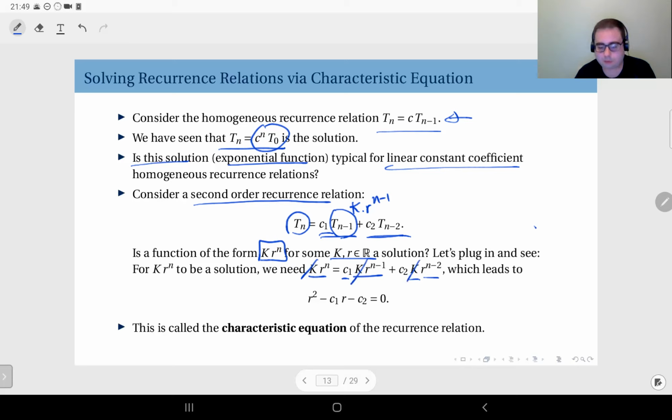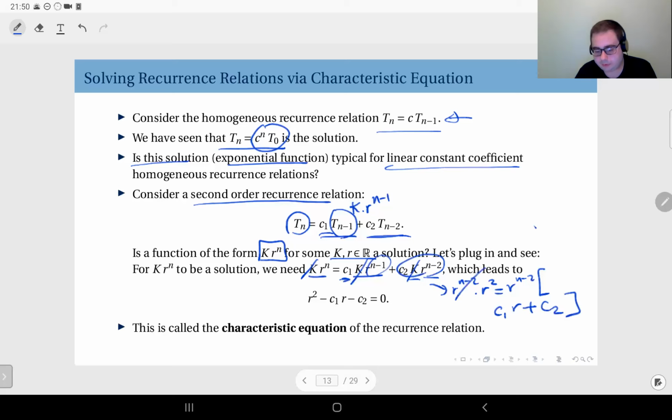Okay, and I can also gather r to power n minus 2 terms. So what I have here is r to power n minus 2 times r squared equals, on the right hand side, I have r to the n minus 2 in parentheses. I have C1 times r, because multiplied with r to n minus 2, I get r to n minus 1, plus C2.